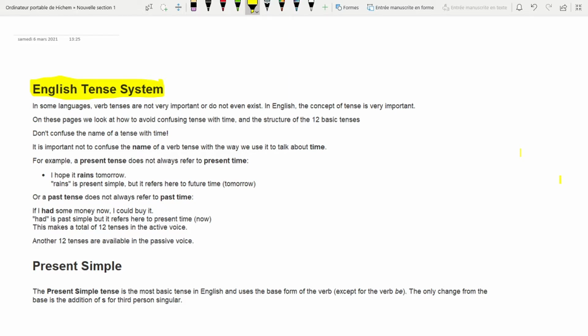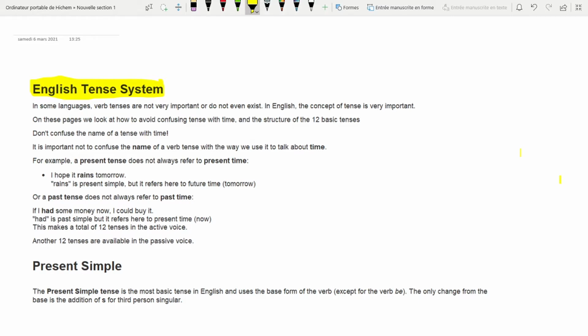On these pages, we will look at how to avoid confusing tense with time. We are going to get to know the 12 basic tenses, which means in active form, and we have also 12 tenses in passive form.